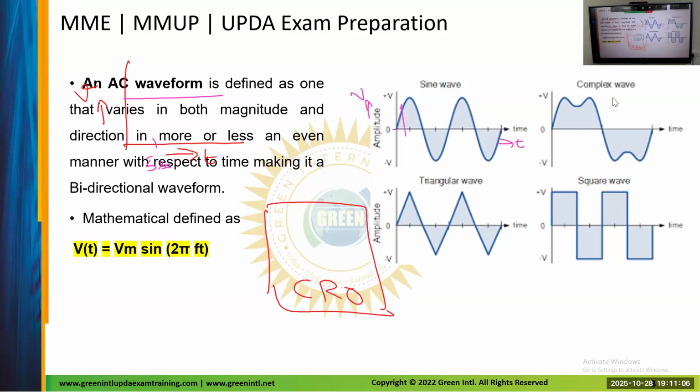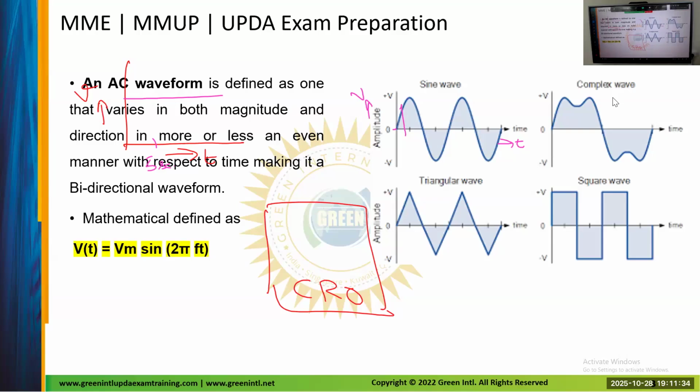So if the time changes, the voltage is always constant in the DC supply, while in the AC supply it changes in nature. For simple understanding, a battery always gives 1.5 volts. But here we say we have 240 volts, and if we measure it in the CRO, it changes in nature.